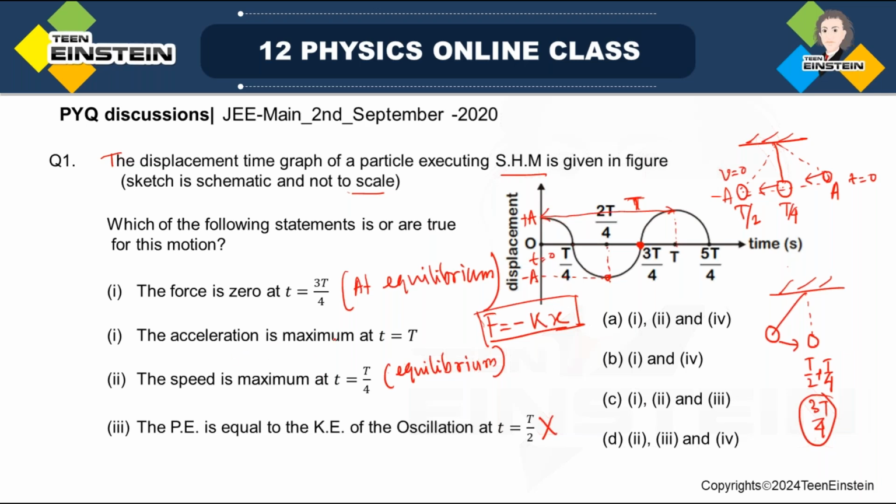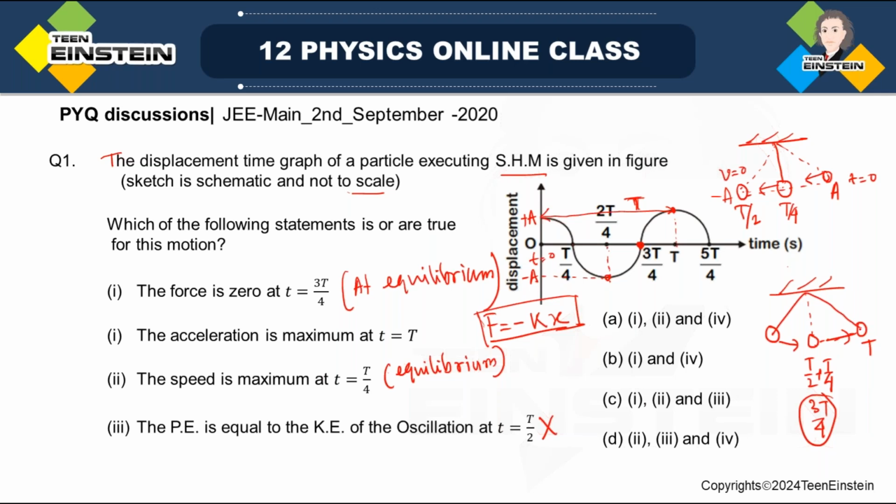Now what happens at T? When it is T, see, T means again it has come to here. From where it started, it has reached here. So this is actually t equal to capital T. So a complete oscillation is happening when it reaches back to this position.